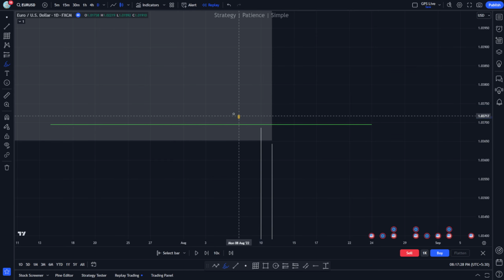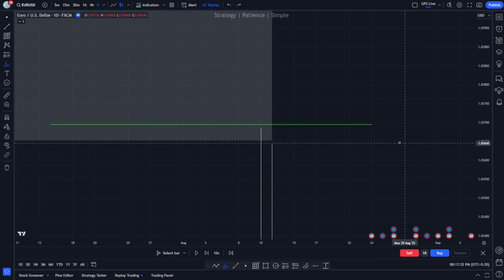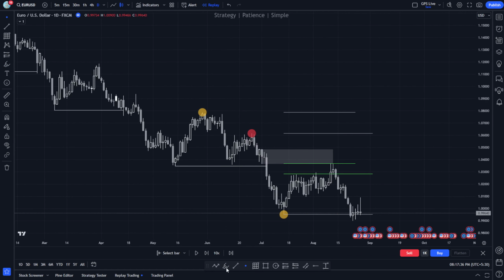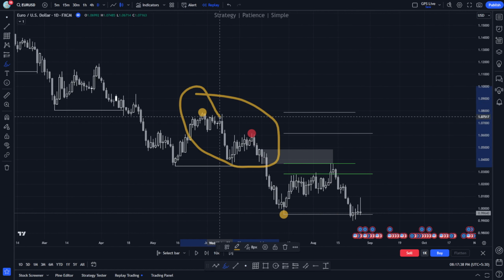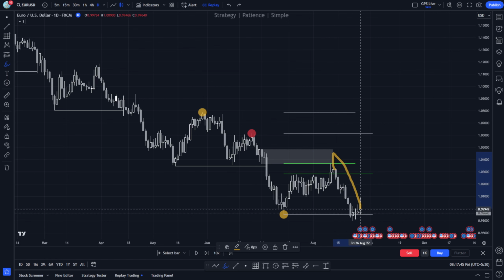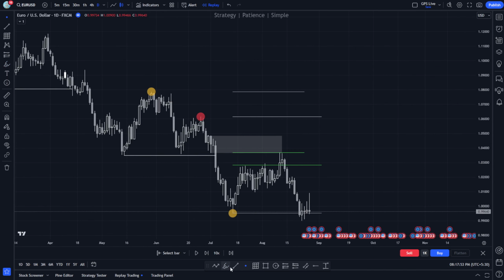The market doesn't even mitigate this fib level because you drew it, you didn't consider the correction the market gave already to us, which is here. But even if it tapped into this level, and even if after tapping it gave us a breakout structure, that still doesn't mean you did the right thing. Always look for the correction, and only after the correction draw your fib levels accordingly, like this.